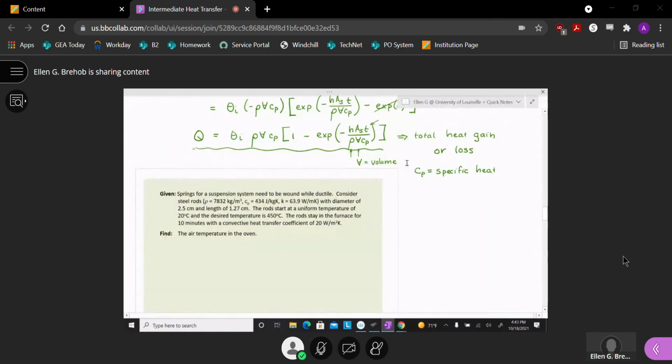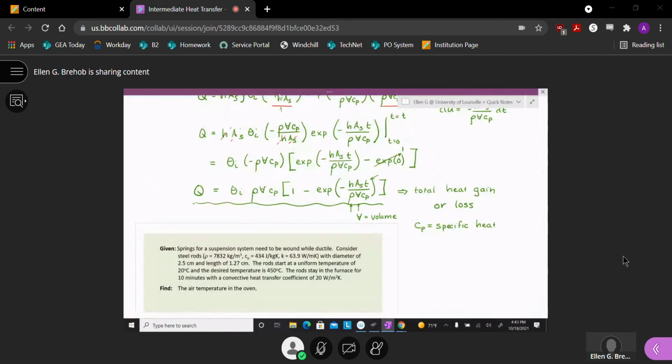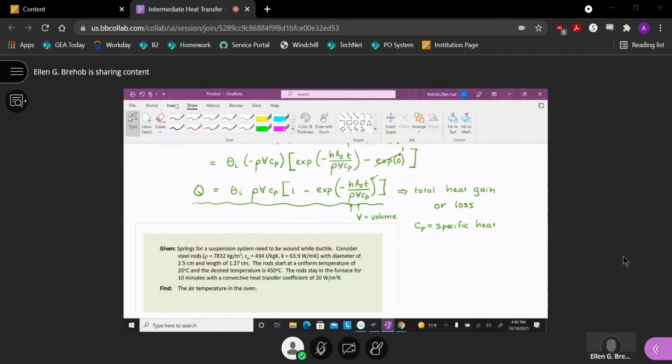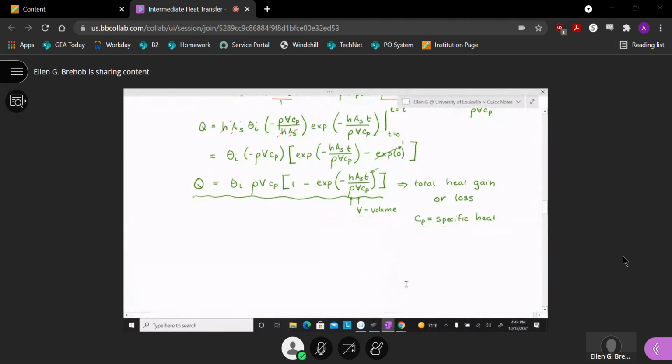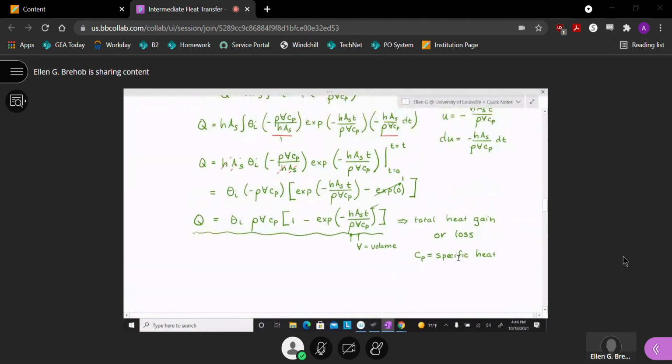Okay, I am showing you this equation, but I'll tell you, it's always bugged me. This equation works fine, but let's say I had, I don't know, let's make it a sphere, something easy. And we know its initial temperature. Let's say it's given. And let's say it cools to a final temperature.